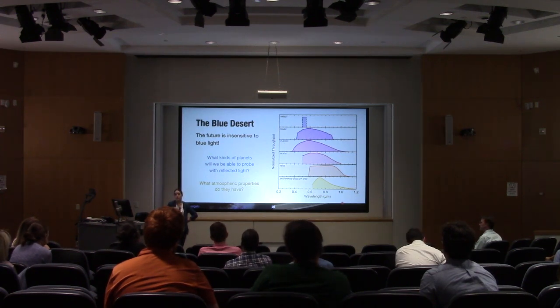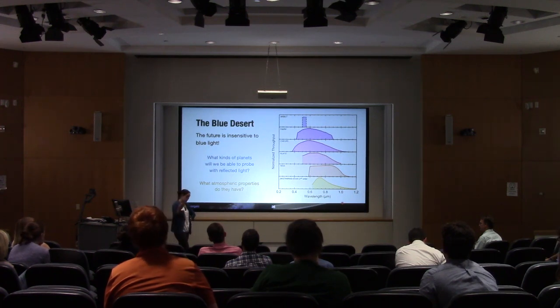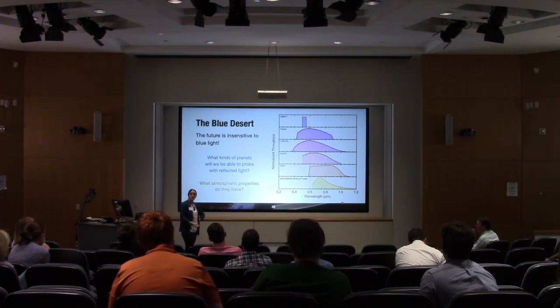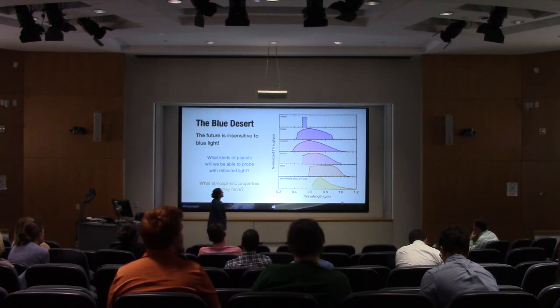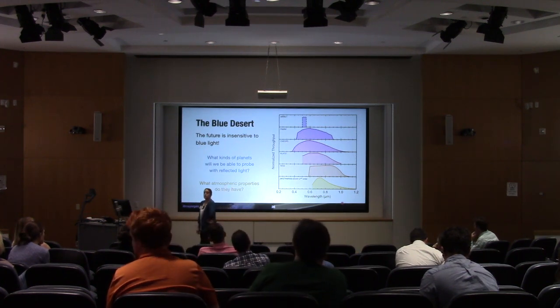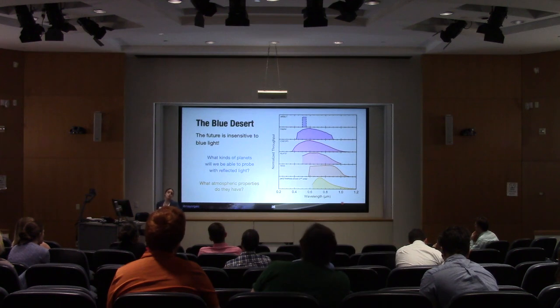And this is actually going to become more and more often the case, because what we're using to do those studies are transit method surveys. And as we've been looking for smaller and smaller planets, we're targeting smaller and smaller stars, which are very red. And so we've been leaning into a much redder bandpass, which means that we won't be able to measure reflected light as well.